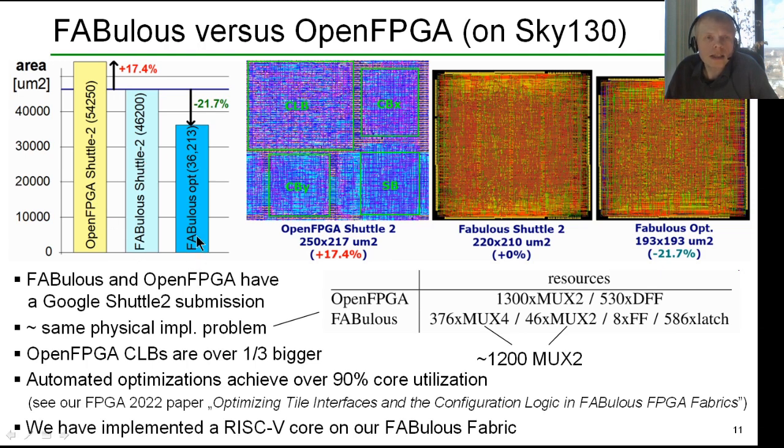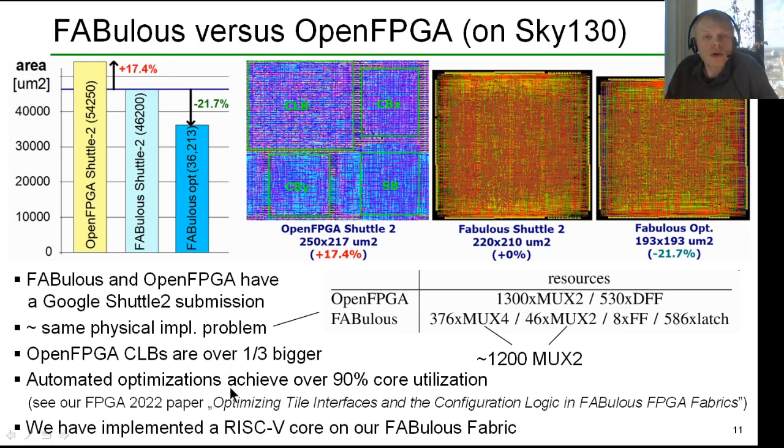Since then, we did some further optimizations that gave us another 20% in area optimization, and the optimizations themselves are described in our 2022 FPGA paper, if you want to see more about it.